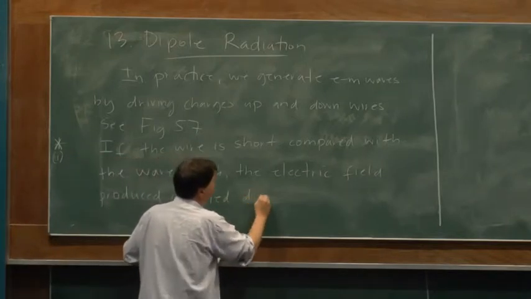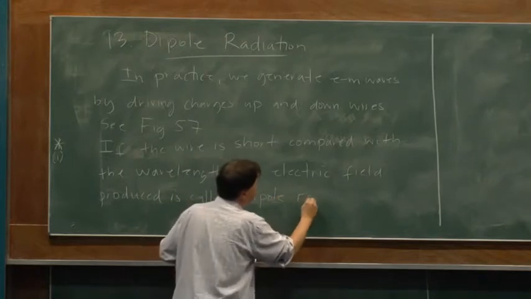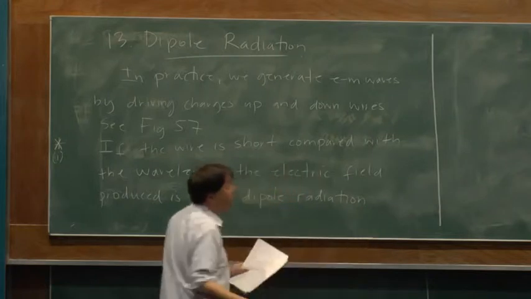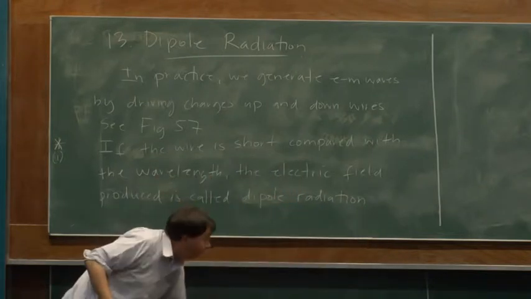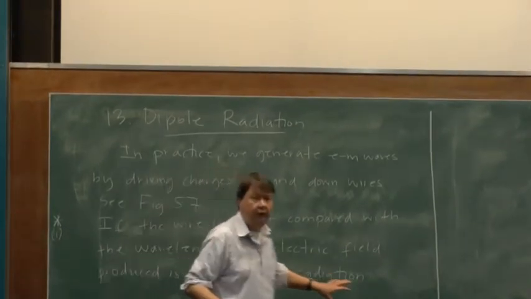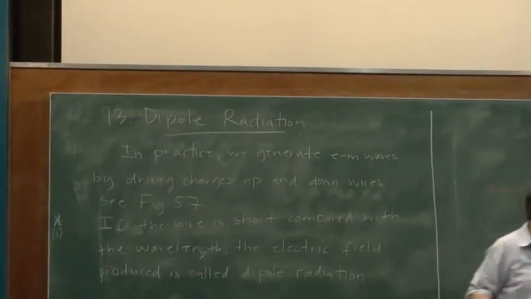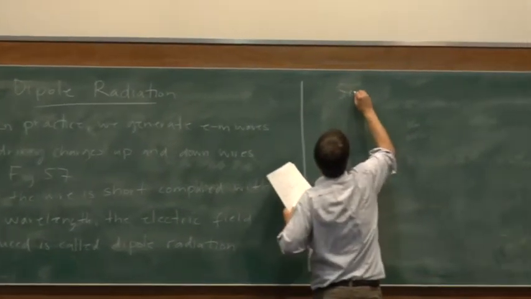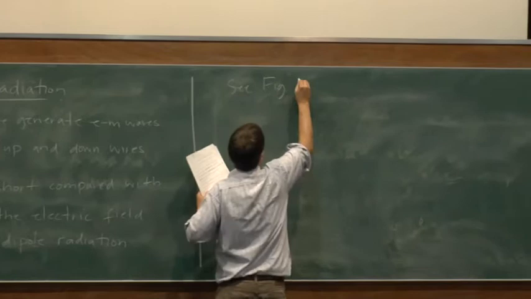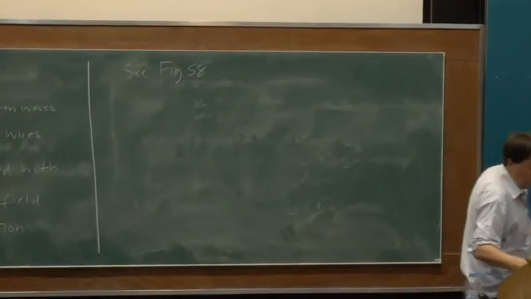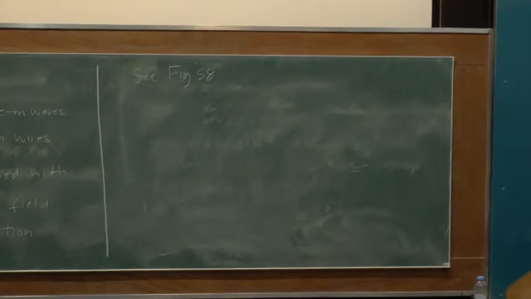We'll look at static dipoles, electric dipoles, next term when we study dielectrics, and we'll study the nature of this approximation in more detail. At the moment, let's just take for granted that we accept this approximation, and the dipole radiation field that it produces is shown in figure 58 of the course handout.